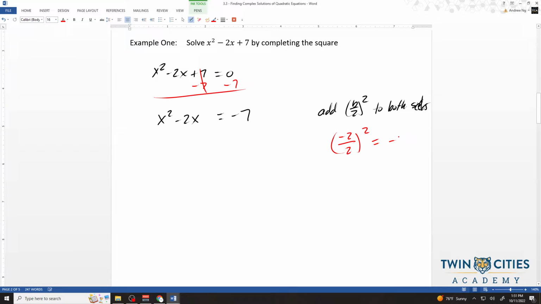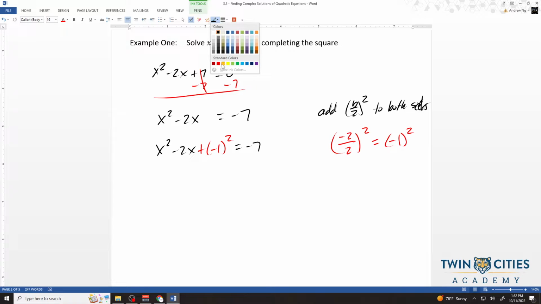This is the same as saying negative 1 squared to both sides. So I'm going to take x squared minus 2x, and to this side, I'm going to add negative 1 squared. And over here, this is negative 7, and I'm also going to add to this side negative 1 squared.